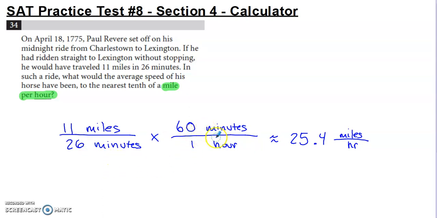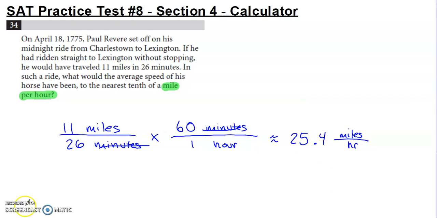So I'm going to multiply by a fraction with my conversion factor for minutes and hours within it. I want the minutes to be in the numerator so that I can cancel these units and end up with units of miles over hours. And if I break out the calculator and type in 11 over 26 and then multiply by 60, I get a little bit above 25.4, but it should round to 25.4.